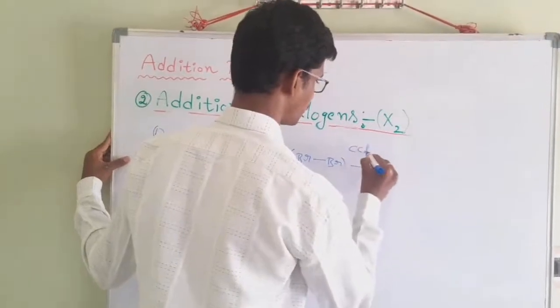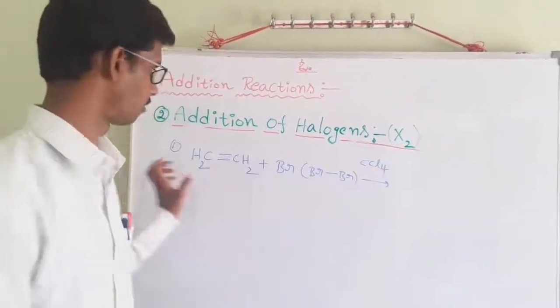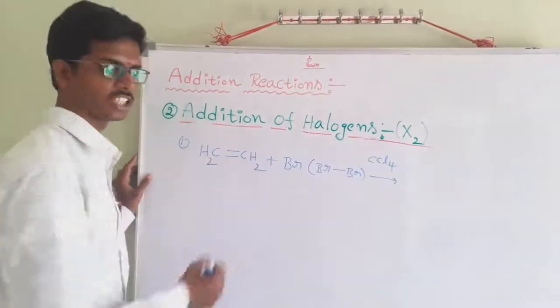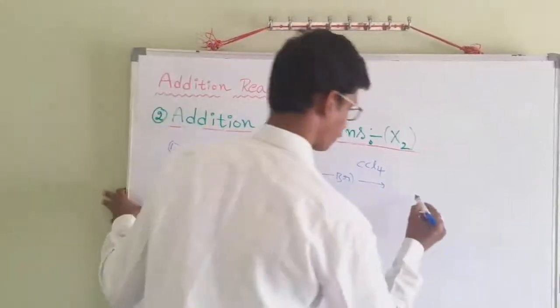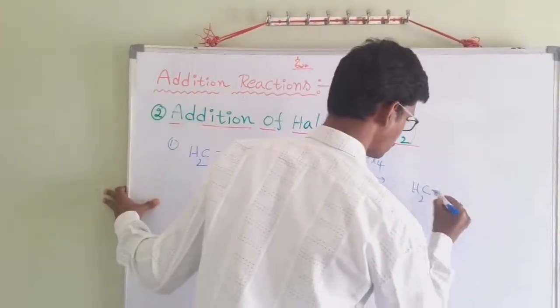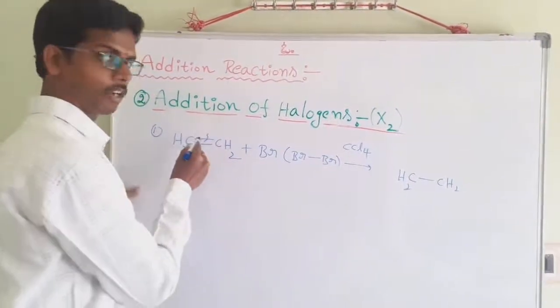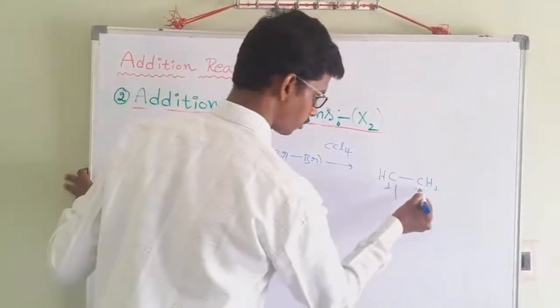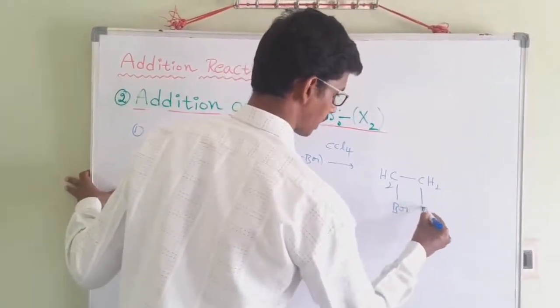Here CCl4 is a suitable solvent for this addition reaction. Okay. Here what is the reaction that takes place? 1, 2 dibromoethane. CH2 single bond CH2. Same process. The cleavage of 1 pi bond leads to the formation of 2 new sigma bonds. Here 2 bromines are added to the first and second carbons.